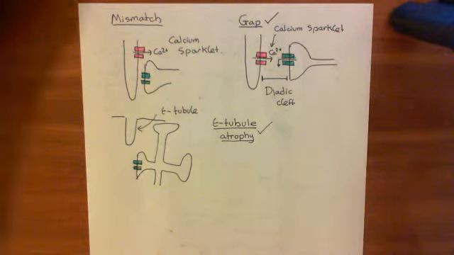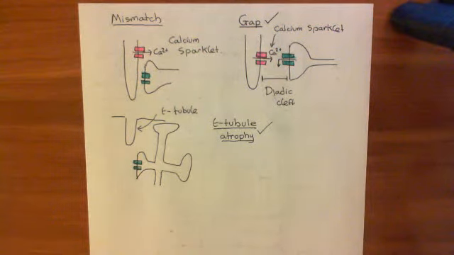Okay, so welcome to this next video in which we're discussing the defects in excitation contraction coupling within hypertrophied cardiomyocytes. We've now talked about the fact that the size of the calcium tides in hypertrophied cardiomyocytes is reduced compared to the unhypertrophied cardiomyocytes.